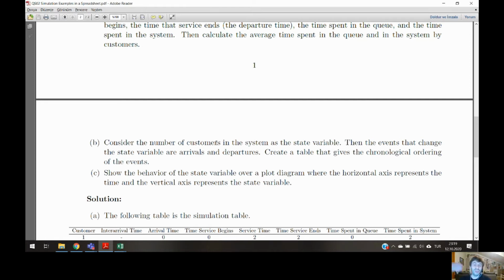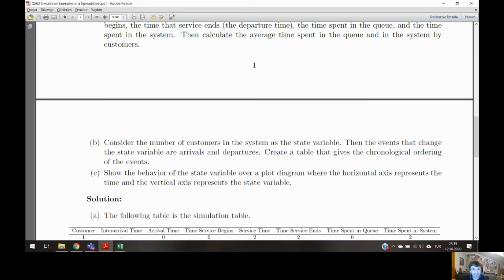Now, which events are changing the state variable? So how can the number of customers in the system change? If you observe a new arrival or a new departure, in that case, the number of customers in the system is going to change. So the arrivals and departures are going to be assumed as events in the system.